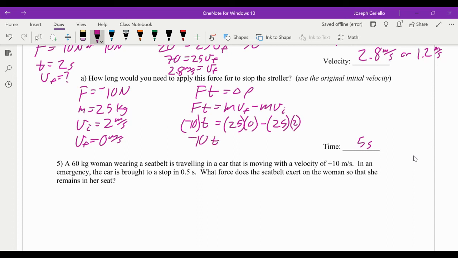Negative 10 T equals negative 50, and T ends up being 5 seconds. So it takes 5 seconds to stop.